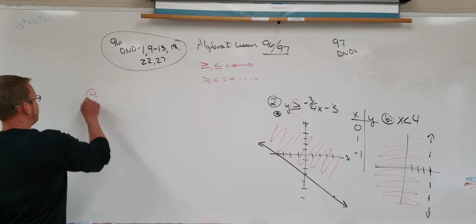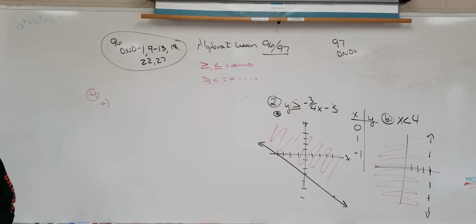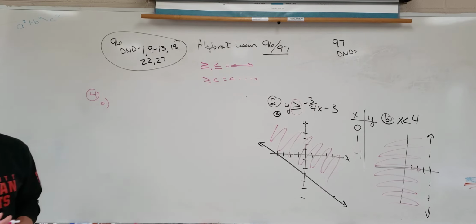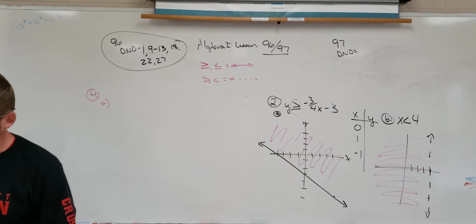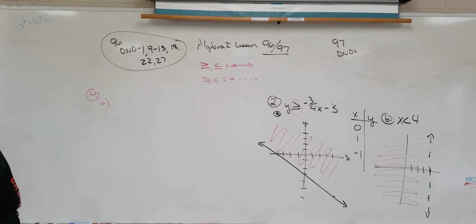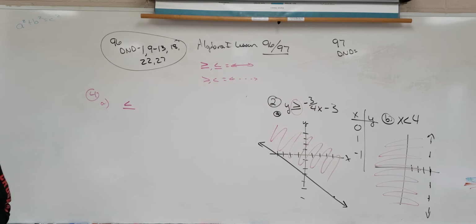Example 4 tells you to write an inequality according to the graph. Well, if you look at A, you'll notice that there's a solid line, and you'll also notice that it is colored in below the solid line, so it's going to be something is less than or equal to.